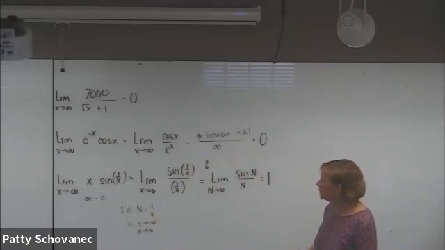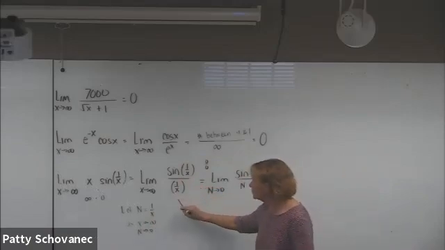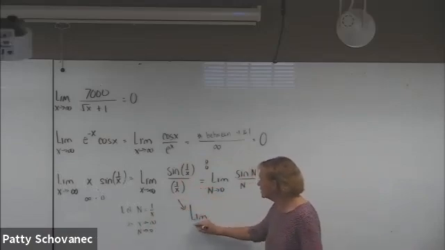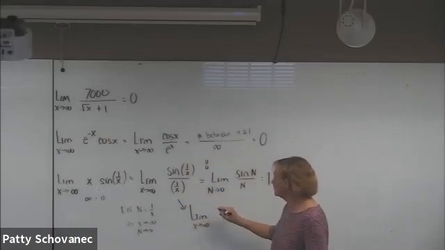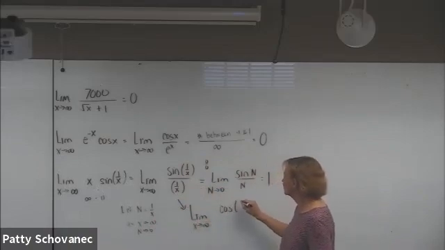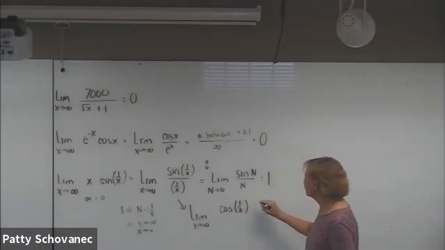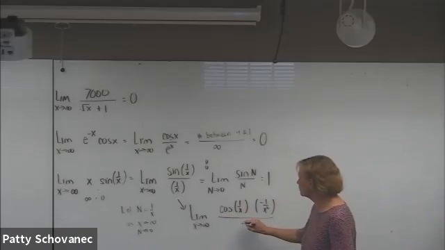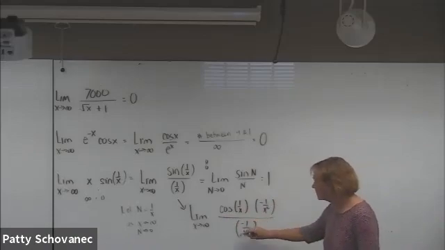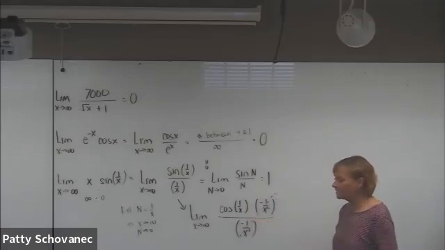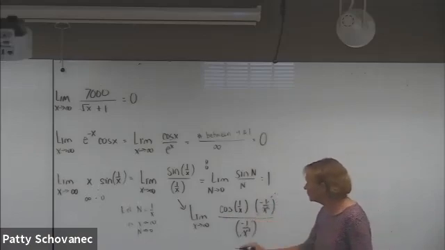Or you can do L'Hopital's rule. You do L'Hopital's rule, it's just as easy. The derivative of a sine is a cosine. And then you have the derivative of 1 over x, which is going to cancel because there's a derivative of 1 over x downstairs. Take the limit as x goes to infinity of the cosine of 1 over x.